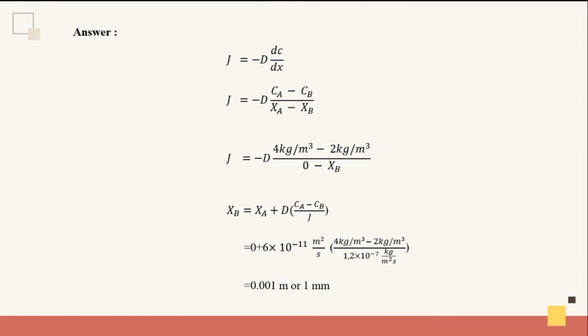For XB, we get 0.001 meter or 1 millimeter.